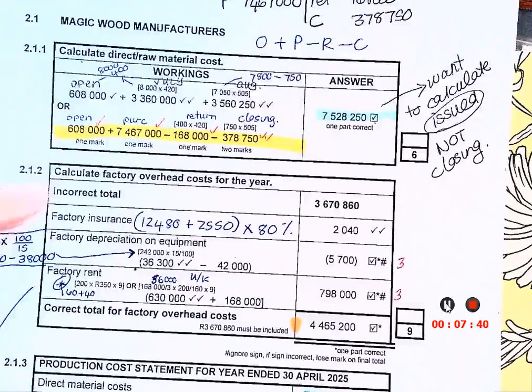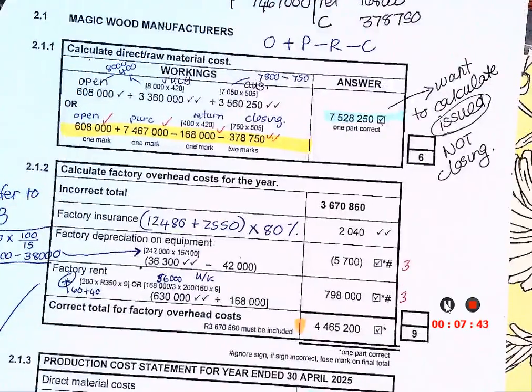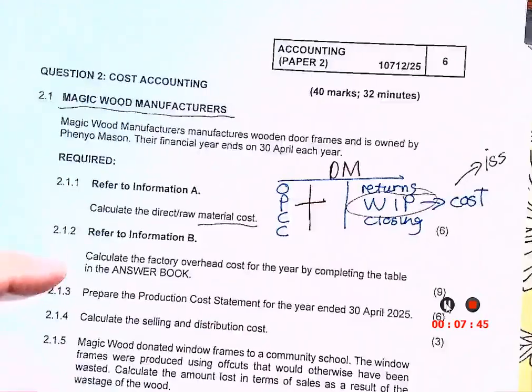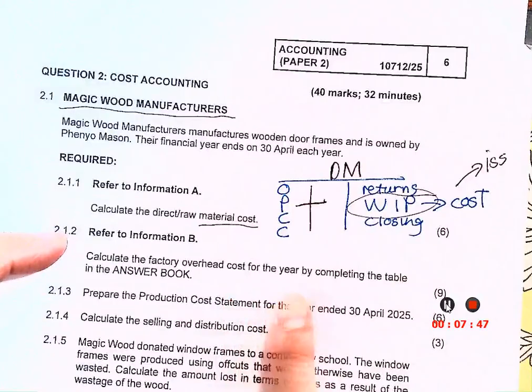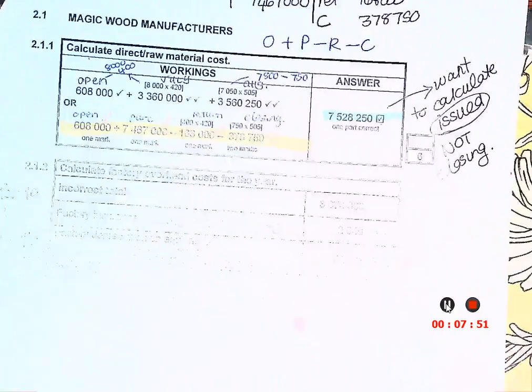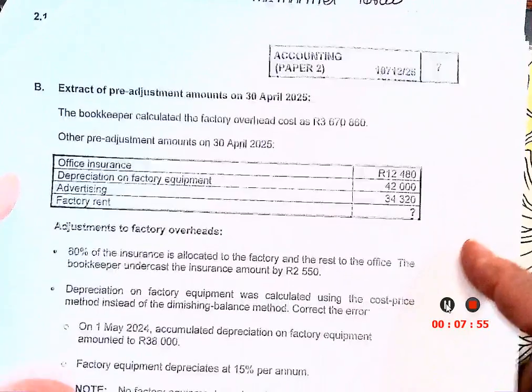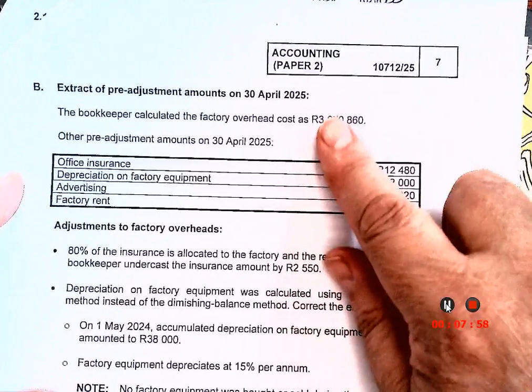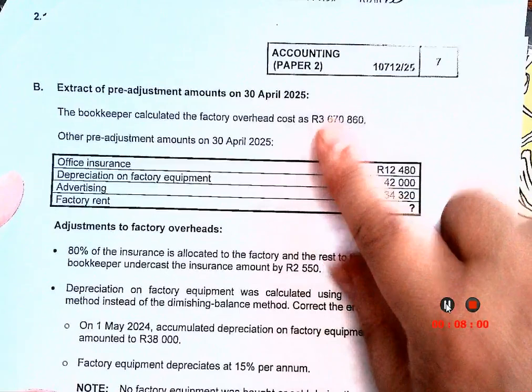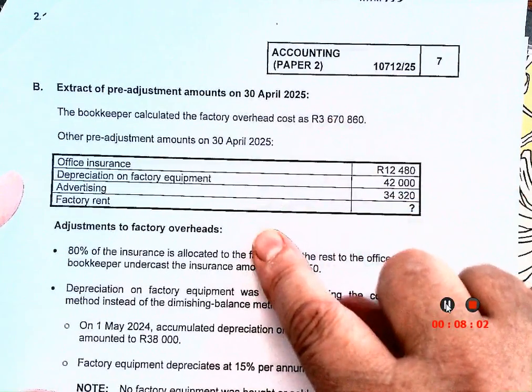Okay, so now can you see with this one? If I look at B, they say calculate the factory overhead cost for the year by completing the table. So if I go look at my info for factory overheads, they say the bookkeeper calculated it as this amount, but he forgot other adjustments.